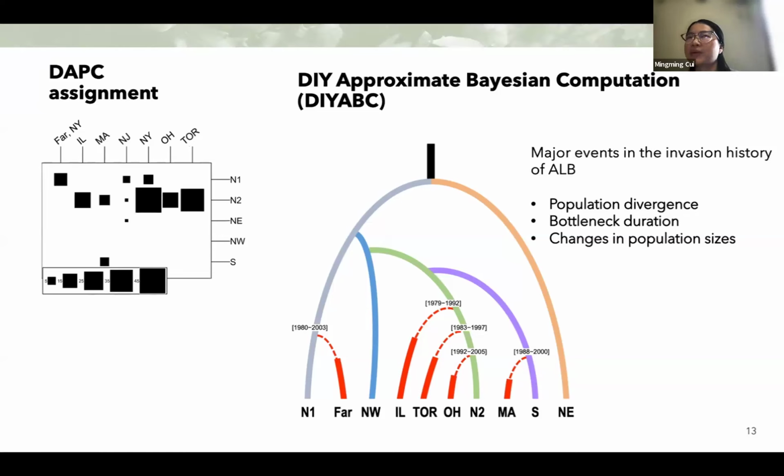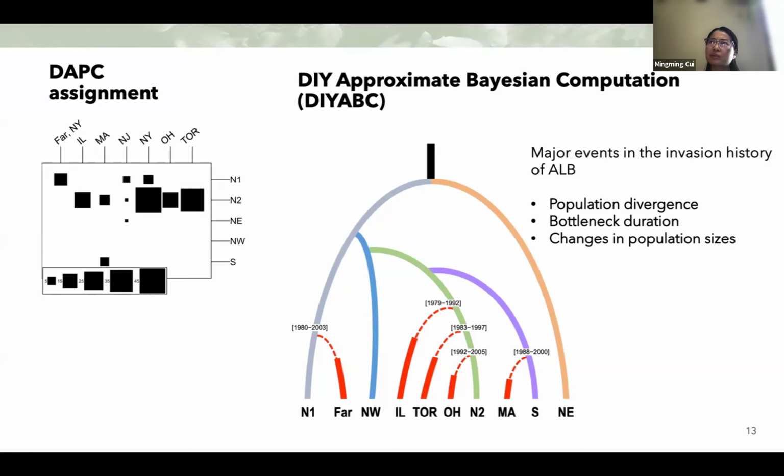Okay. About your concern about the xenophobia, previously there were already some population genetic studies using microsatellite markers trying to reveal the invasion pathways globally.